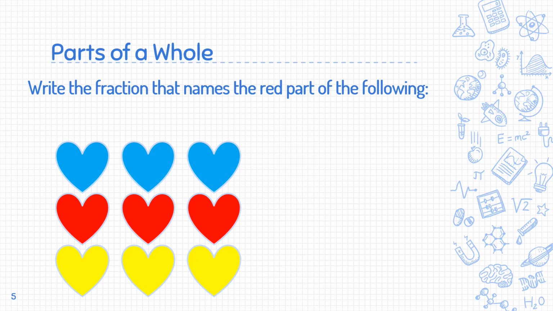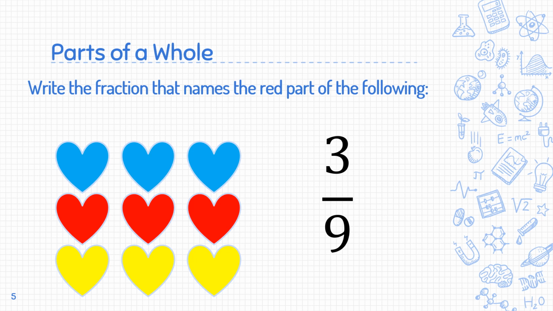How many hearts can you see? That's right, there are 9 hearts. So the number 9 will be in the denominator, in the bottom part. And how many red parts are there? That's right, there are 3 hearts. So that means the numerator is going to be 3, like this. The numerator 3 tells us that there are 3 red parts, and the denominator tells us how many are in total.